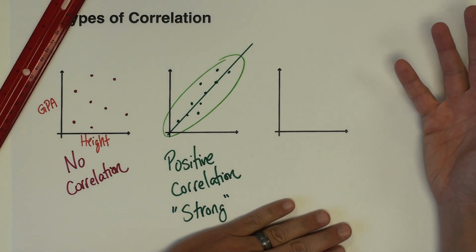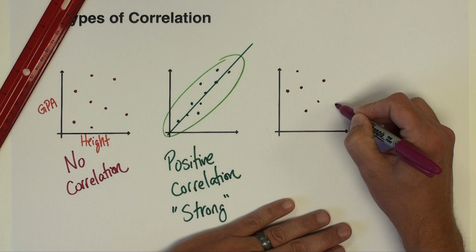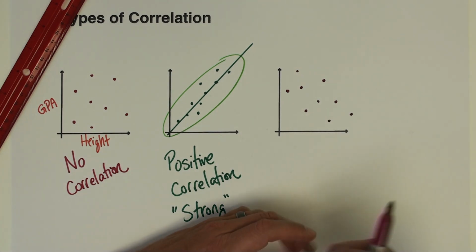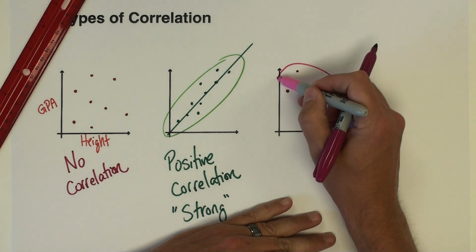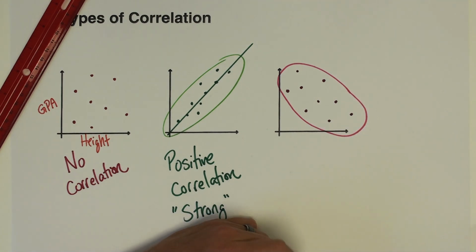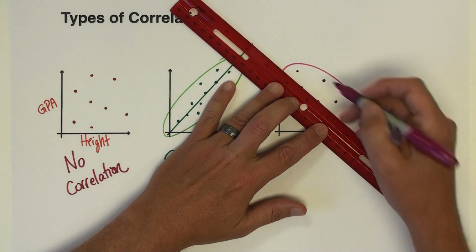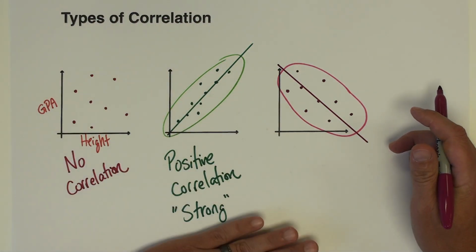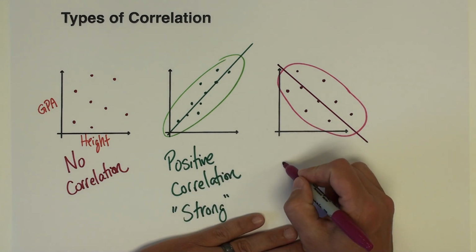We might also see something that looks like this. When I look at this, there is a cluster of points, a little bit different than the prior graph. These points appear to be going down the graph. So different than the positive correlation over here, I could say that these points are showing a negative correlation.